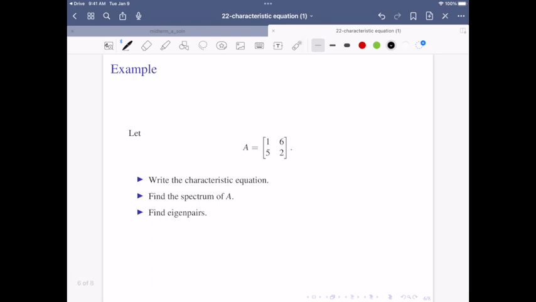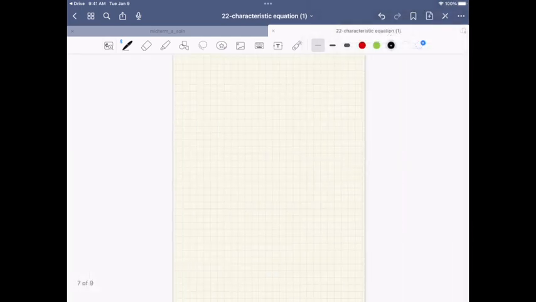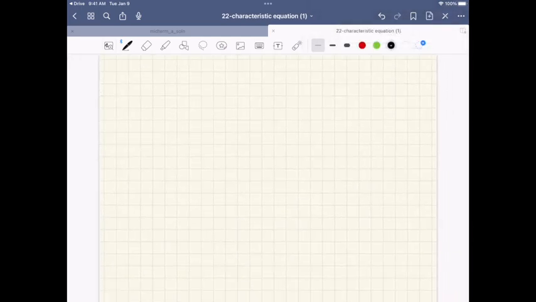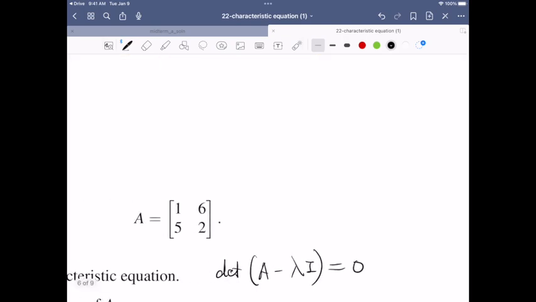We are going to look at the easiest problem, a 2 by 2 matrix. A is a square matrix with 2 rows and 2 columns, and we write the characteristic equation: determinant of A minus lambda I equals 0. A is given by 1652.